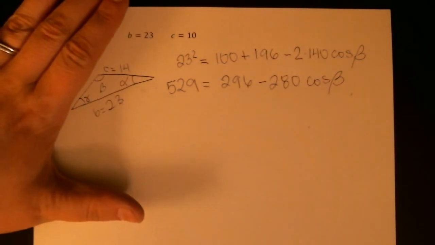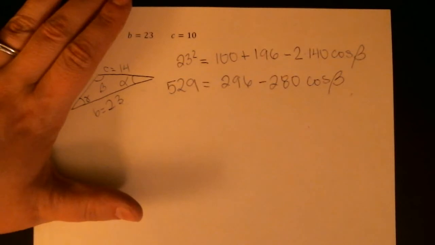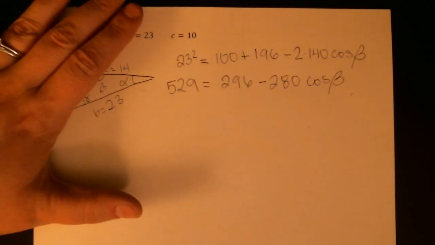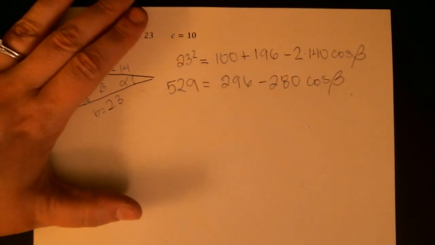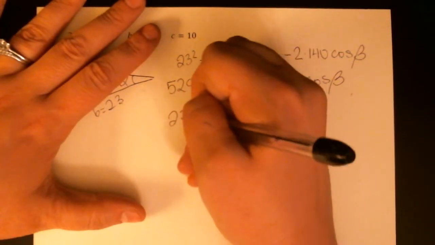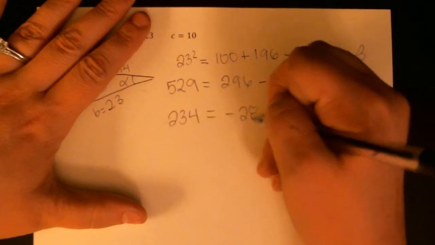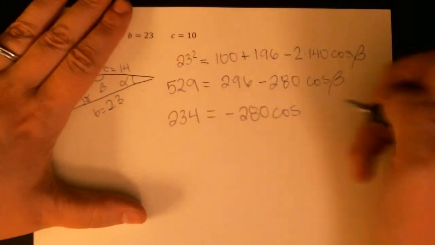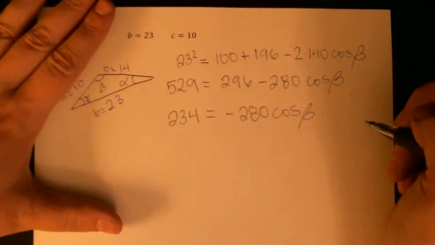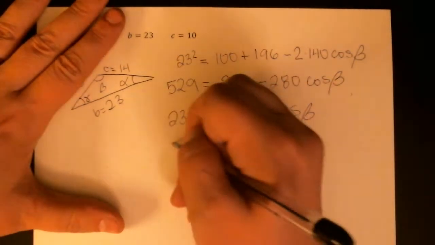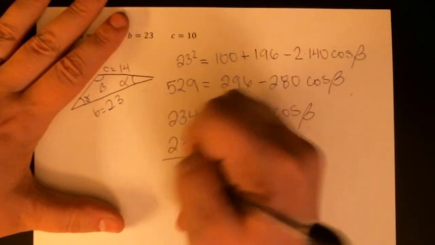So what are we going to get? Minus 300 would be 229, but we really only took 296, so 234 equals negative 280 cosine of beta. Okay, and then we would divide by negative 280.